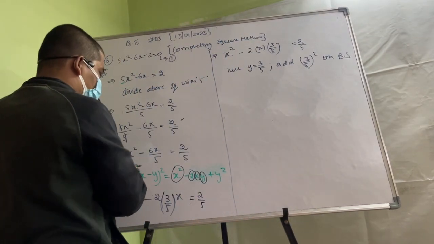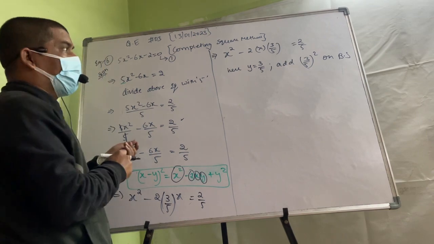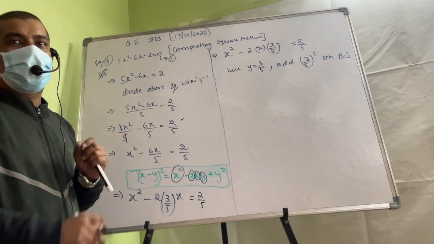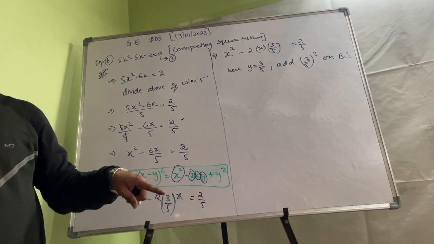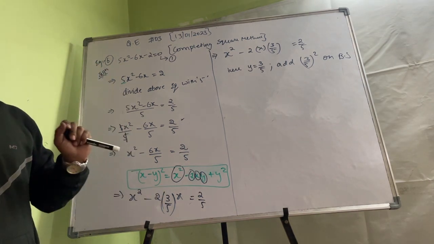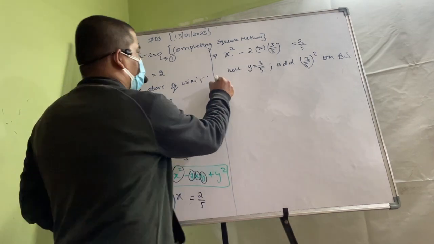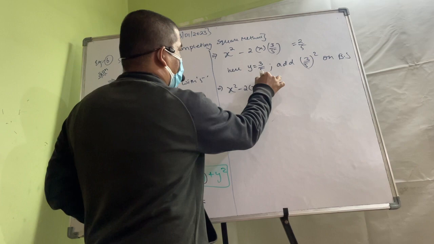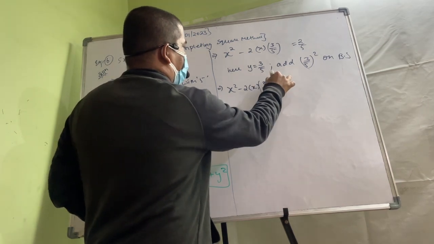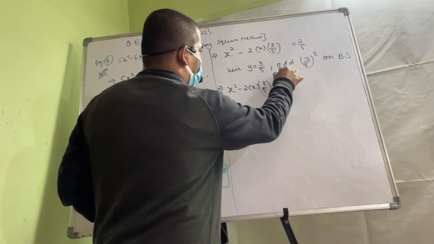Getting the idea here, everyone? On both sides I am adding 3 by 5 whole square because I should add y square. My y is 3 by 5. That's why I am adding 3 by 5 whole square. Right. So, x square plus 2x into 3 by 5 plus 3 by 5 whole square.